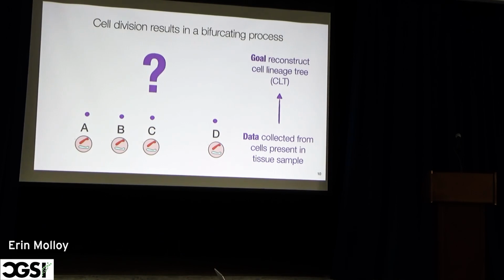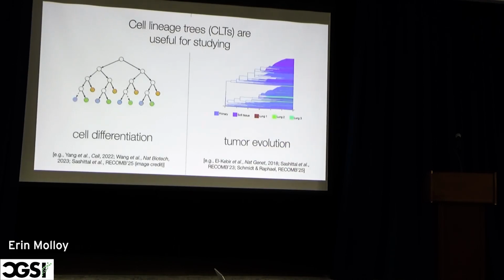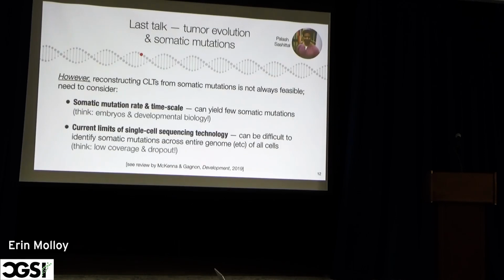And a major goal here is often to reconstruct the cell lineage tree. And we want to do this because cell lineage trees are useful. If you want to study how cells differentiate into different types, it can be really advantageous to have access to the tree. You could also use this to study tumor evolution. Okay, so cell lineage tree reconstruction is a first step in many types of analyses.